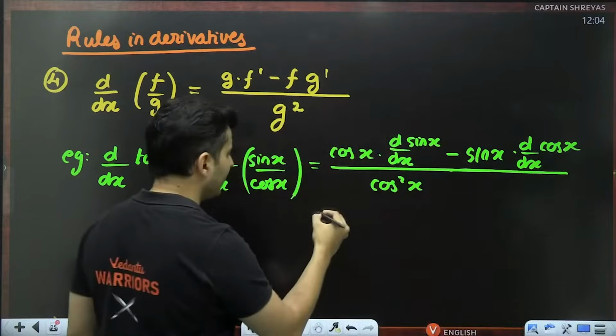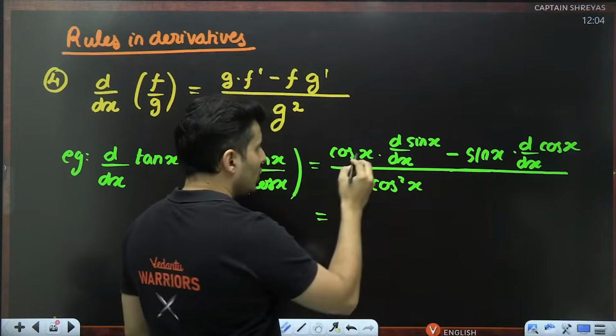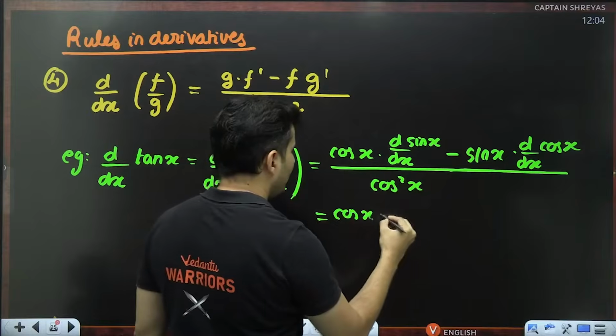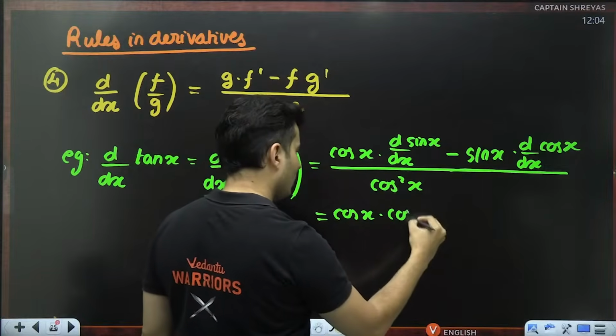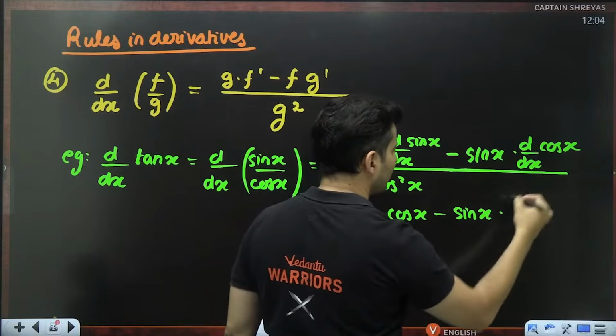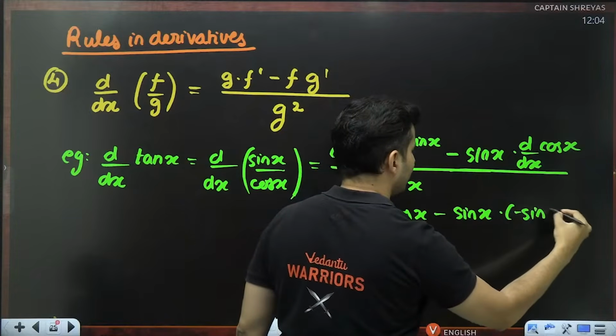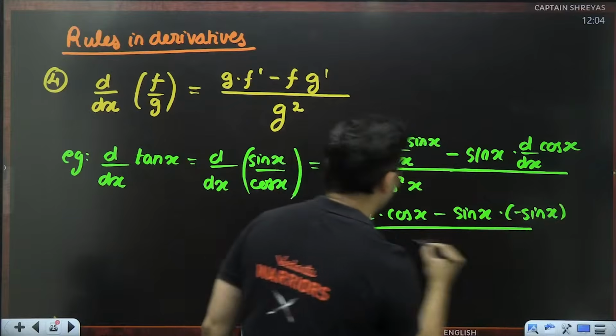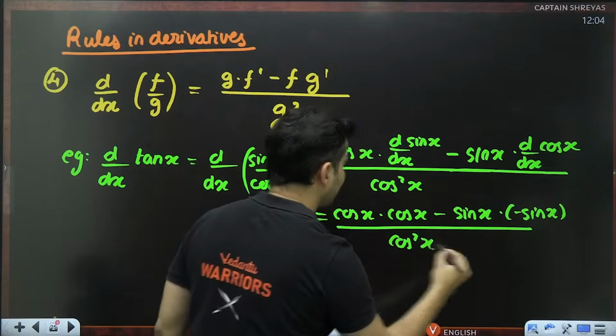Let's see what do we exactly get over here. Okay, so cos x into sine x's derivative is again cos of x only, minus this is sine of x, and cos x's derivative is minus sine x. So divided by cos square x.